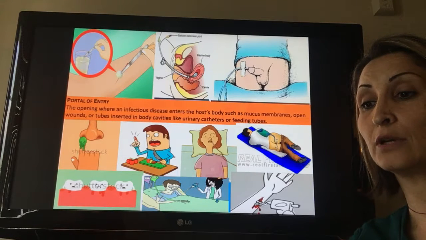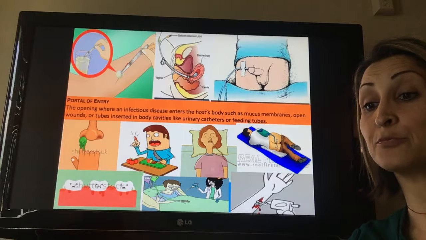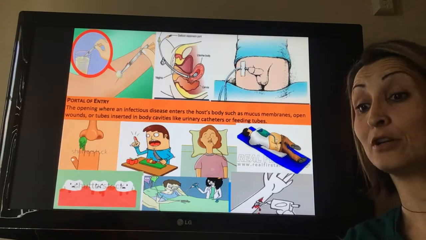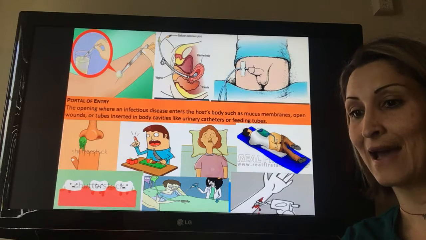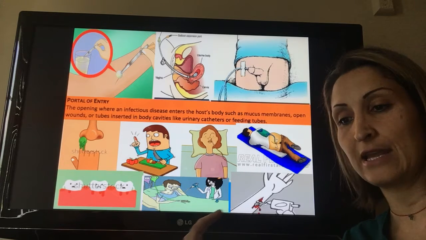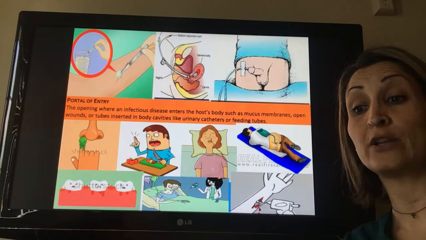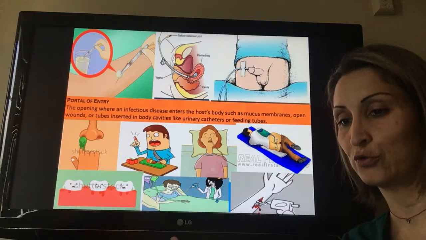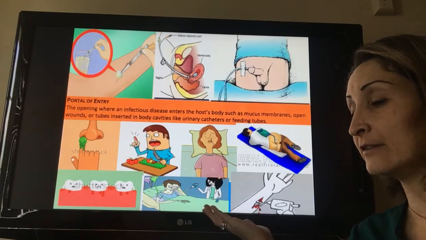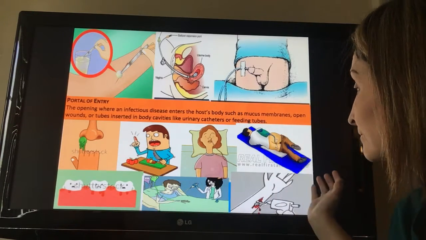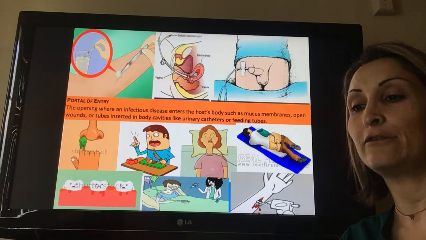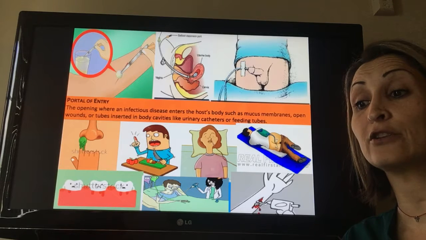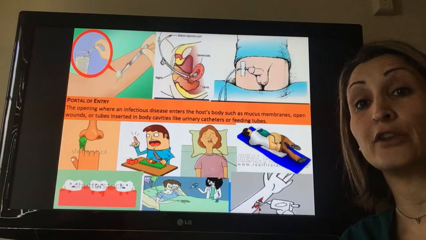The portal of entry must provide access to tissues in which the pathogen can multiply or a toxin can act. Often infectious agents use the same portals to enter a new host that they use to exit the source host. Influenza virus, I have somebody sneezing here. Influenza virus exits the respiratory tract of the source host and enters the respiratory tract of the new host.